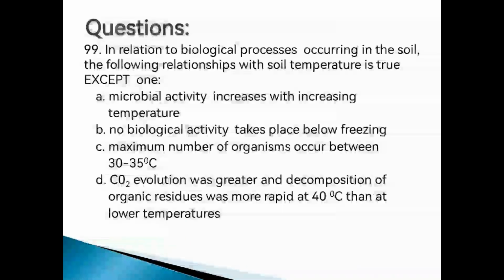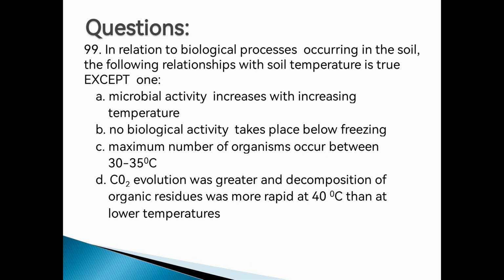Number 99. In relation to biological processes occurring in the soil, the following relationships with soil temperature is true except one. A. Microbial activity increases with increasing temperature. B. No biological activity takes place below freezing.